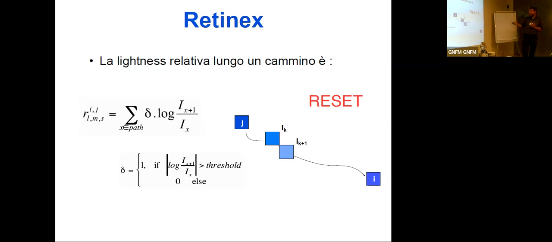This is highly nonlinear, and we will go back to this when we talk about PDE. But this nonlinear fact that you reset to 1 means that every time you find something lighter, this is your new reference.